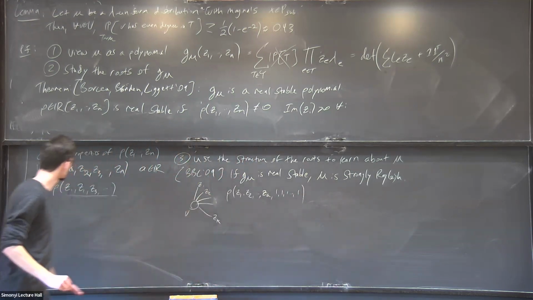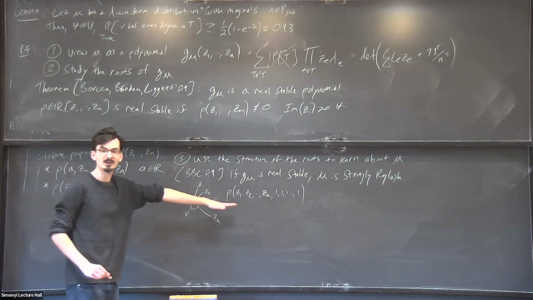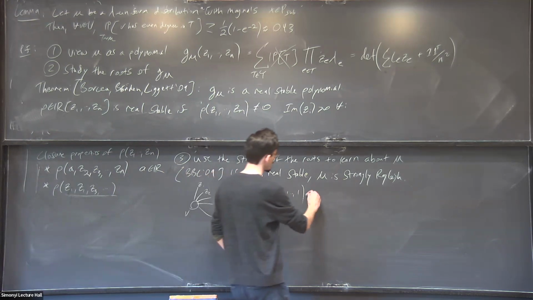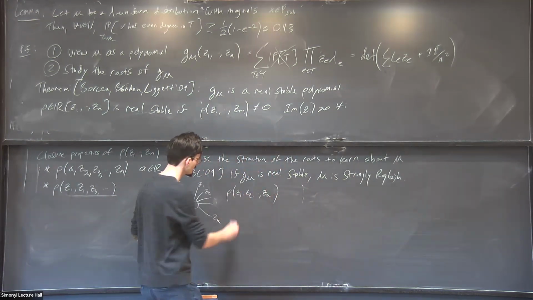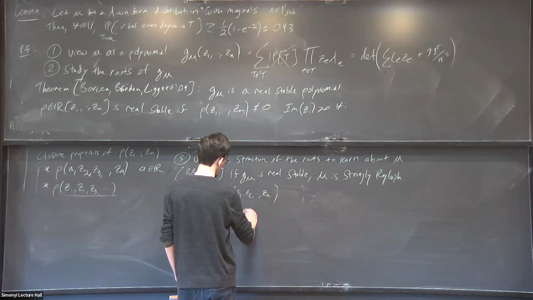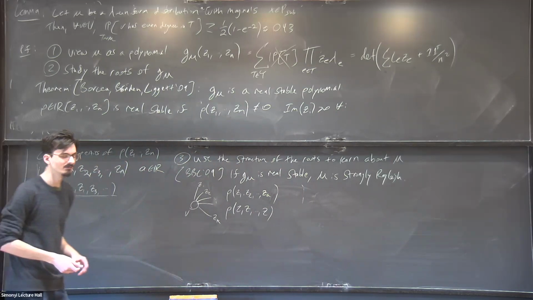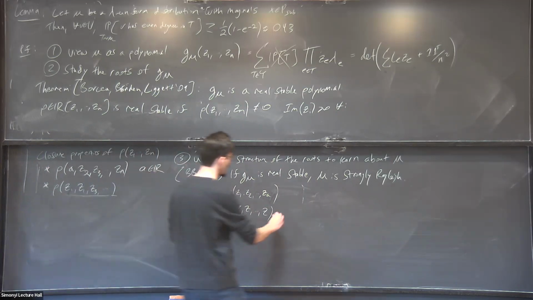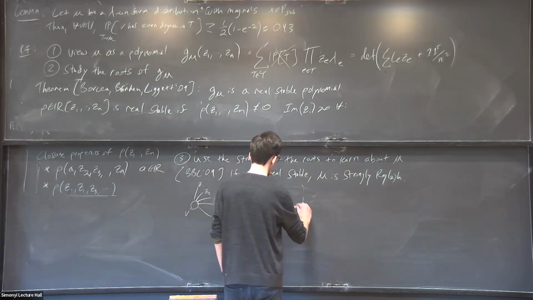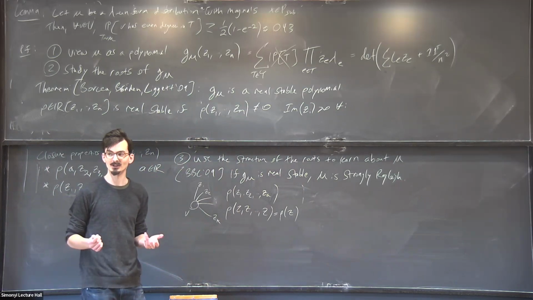By our closure properties, this is still a real stable polynomial, and it's just a polynomial in k variables now. The second thing I'm going to do is make all of the variables the same. By the second closure property, this is again real stable. And as Avi said, this is now just a univariate real stable polynomial, which is a real rooted polynomial.